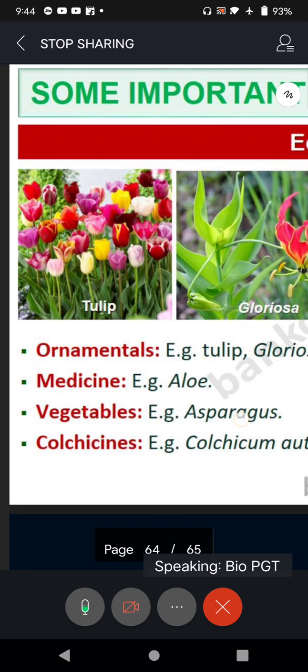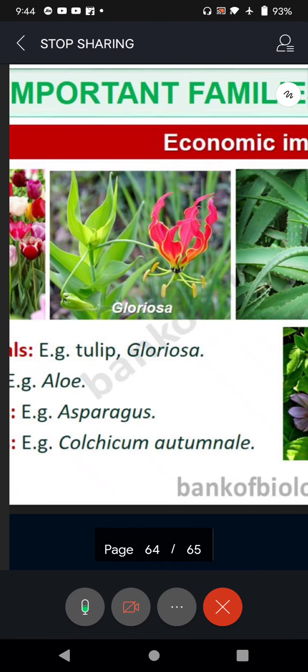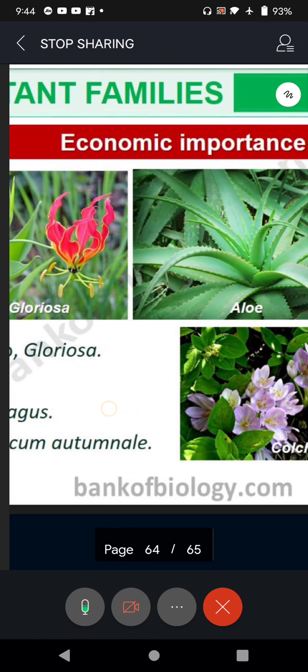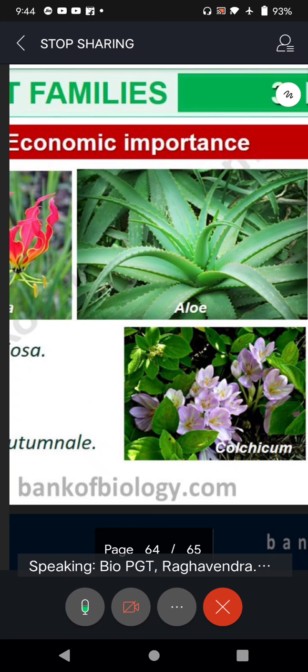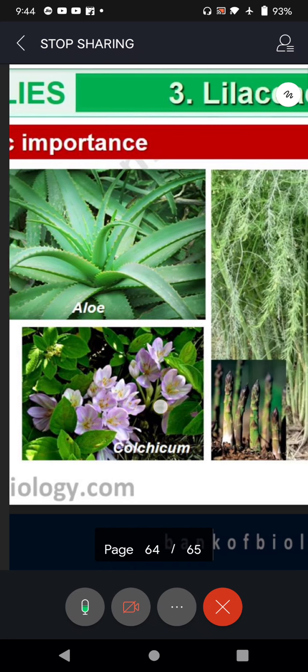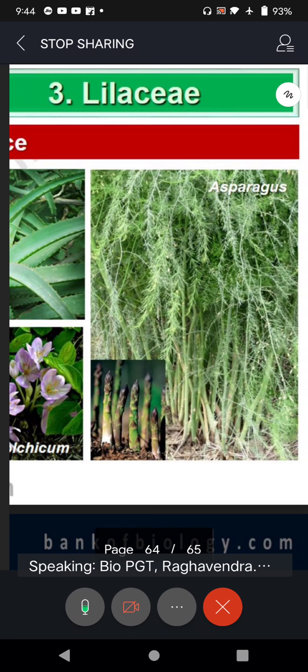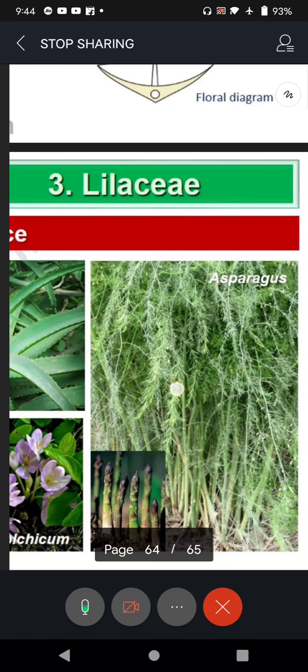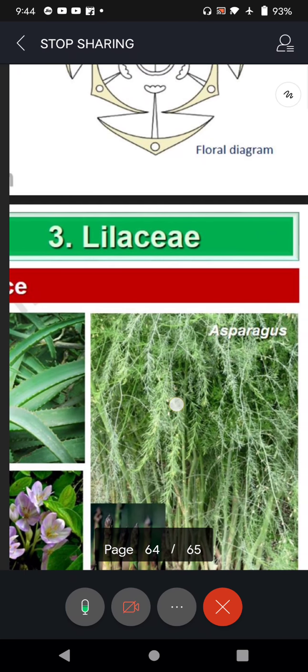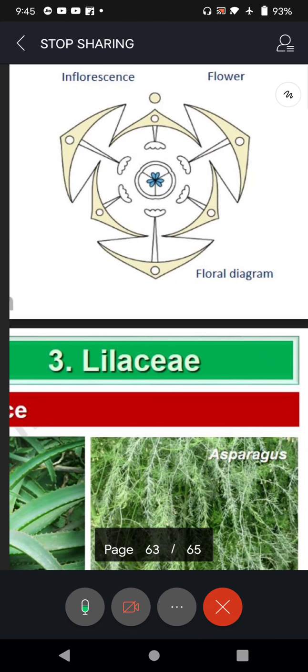And aloe vera, I think you are very familiar with. Then colchicum, these flowers you must also have seen. Asparagus is also there. It is used as food in some parts of our country, and it has medicinal value too. So remember the family with at least aloe vera.